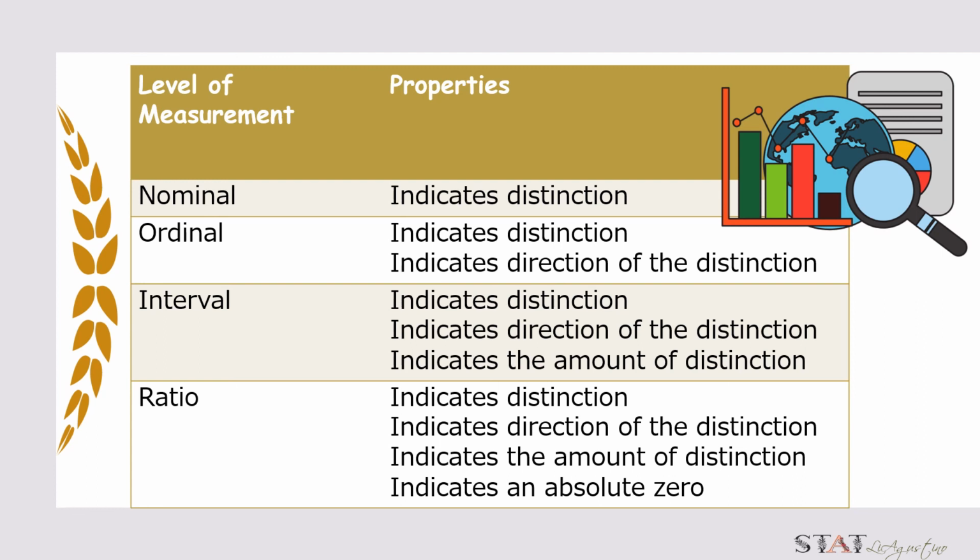From the word itself, interval. And then the fourth, ratio, indicates distinction, indicates direction like ordinal, and indicates the amount of distinction like the interval, and the zero here is meaningful.